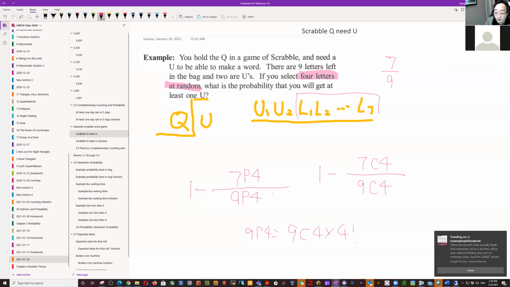Then the second step is 6 eighths, then 5 sevenths, and 4 sixths. This is the probability of taking 4 steps and not hitting U at all. Then you do 1 minus this. So with any of the 3 ways, you will get exactly the same probability.